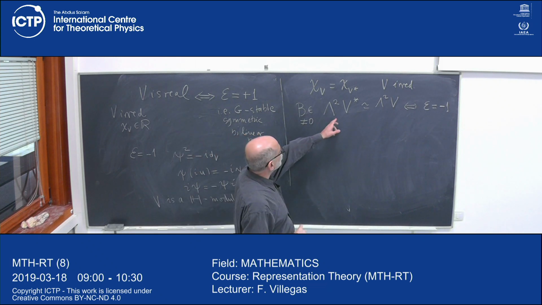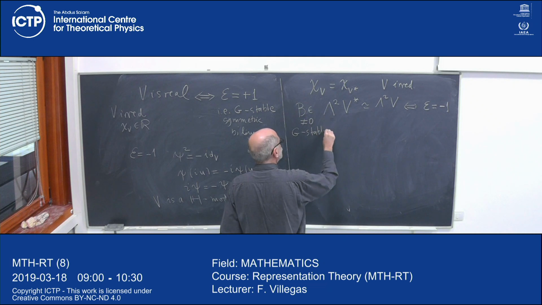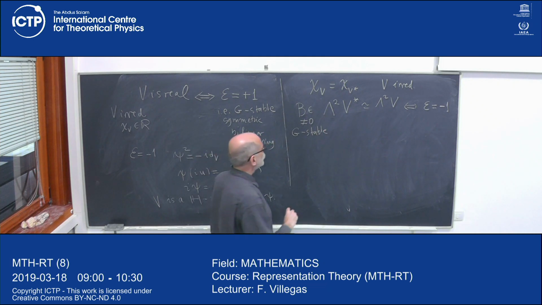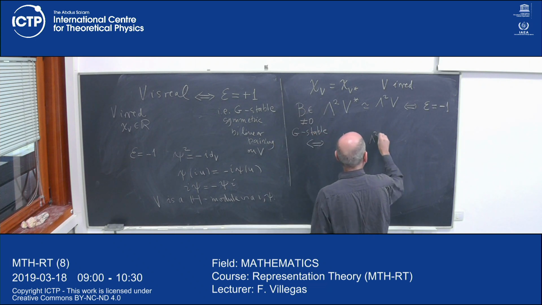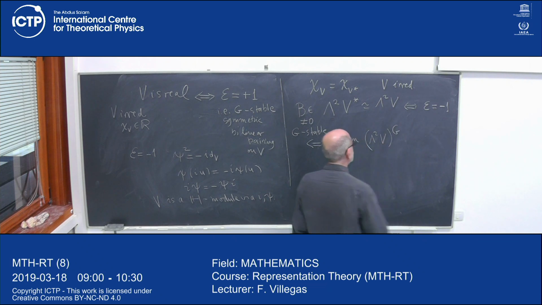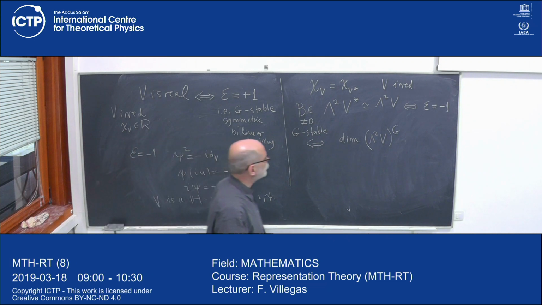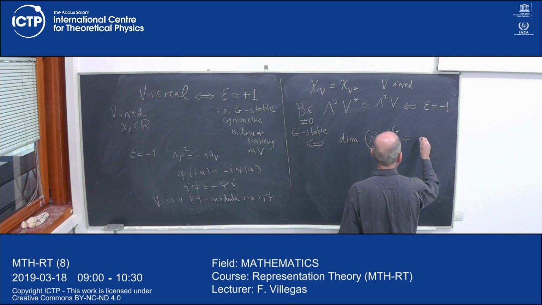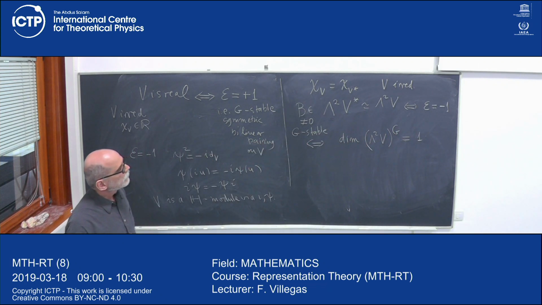And how do we do this? This is a G representation, and B is a G stable bilinear form. So what we must have is that the dimension of the things that are fixed by G in this wedge 2 of V must be positive, but we know that if it's positive, it has to be dimension 1 by Schur's lemma.